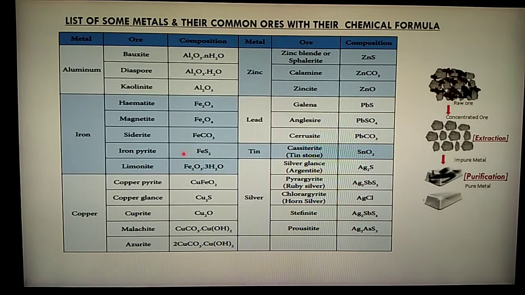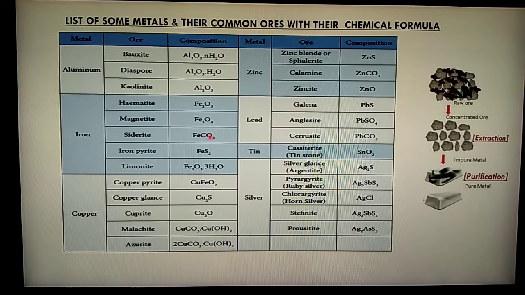In this composition there is sulfur, which is a chalcogen. Sulfur is a non-metal, so it is called a sulfide ore. Similarly, the carbonate non-metallic radical, CO3, is present in a metal. That's why it is called a carbonate ore. So we have different types of ores available.